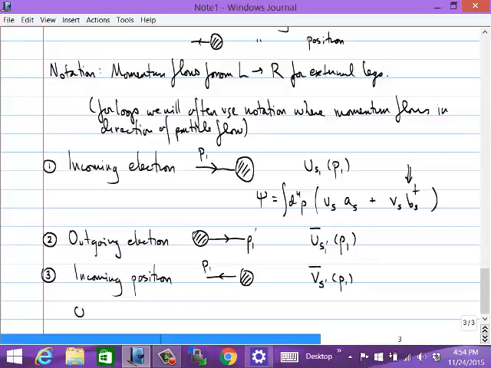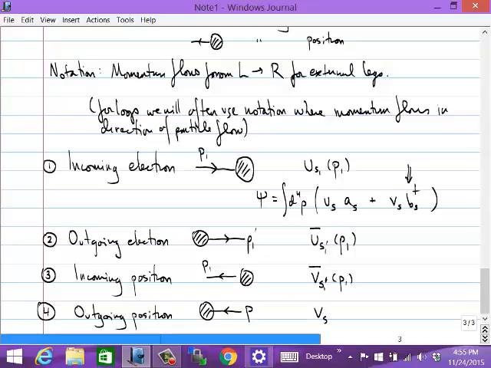And finally, if you have an outgoing positron, that would be represented in a Feynman diagram by an external leg on the right with an arrow pointing to the left, and you'll get a factor of V associated with that.